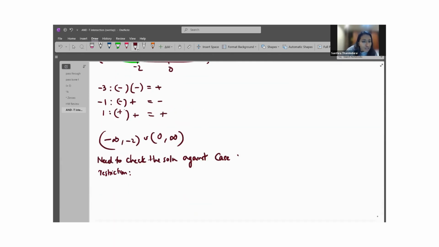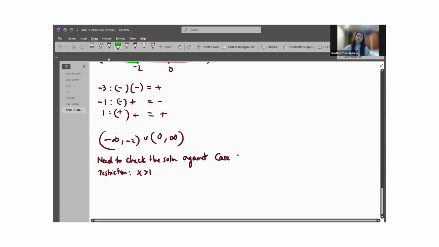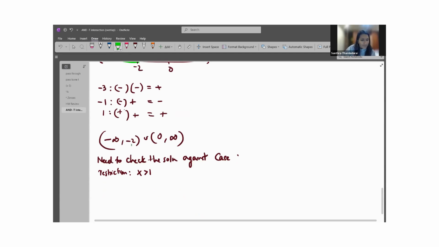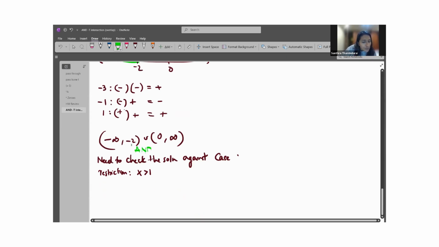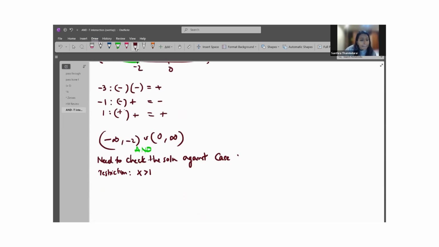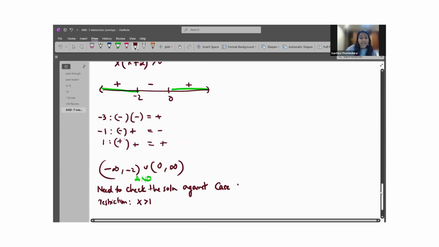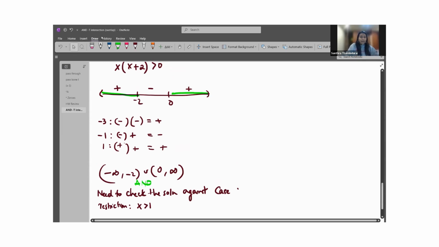So you need to check the solution against this. And when you check the solution against any domain or a case restriction, you're always combining using an and. So you're looking for an overlap. So negative infinity to -2 or 0 to infinity, that's this kind of thing. I'm going to make that graph again.